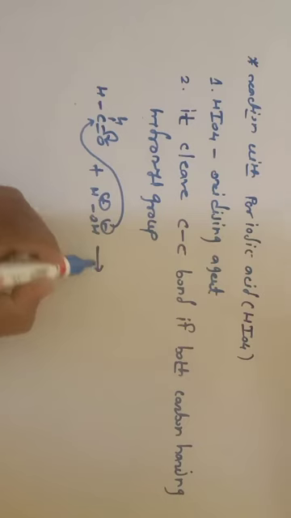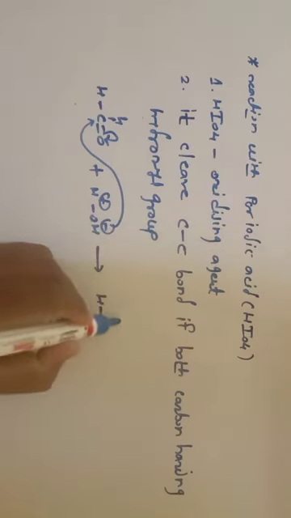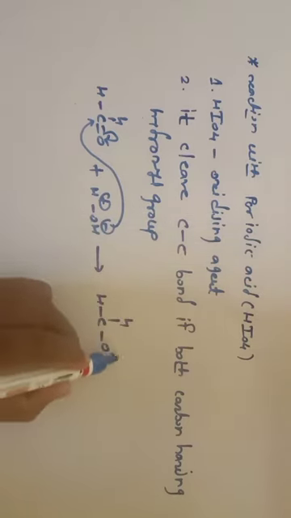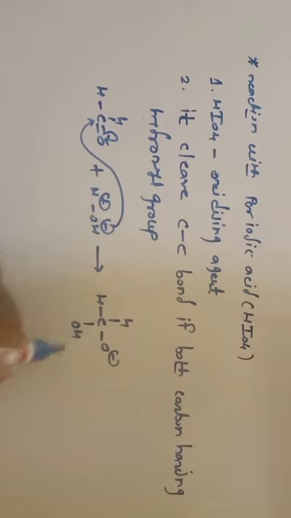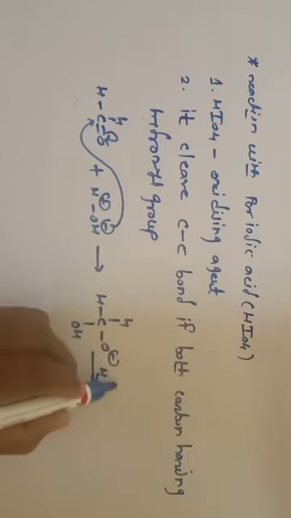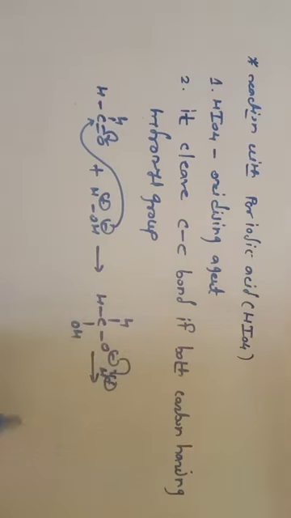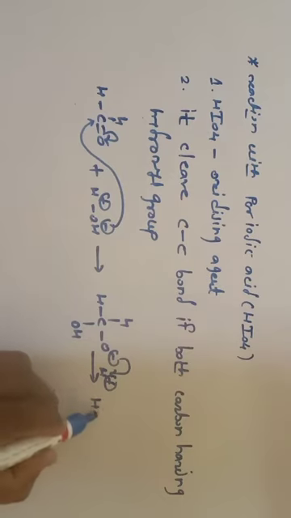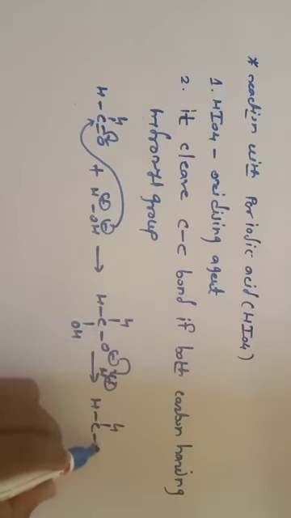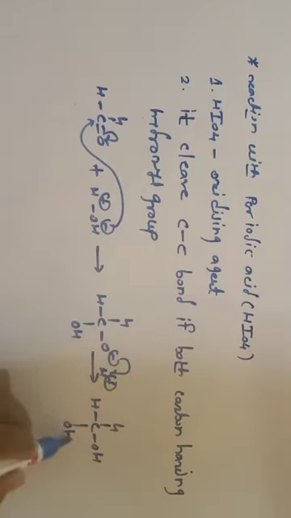So what you get here is HCH with this O minus and an OH, and this O minus will take a proton from the water molecule, and there is a formation of HCH OH, and here OH.